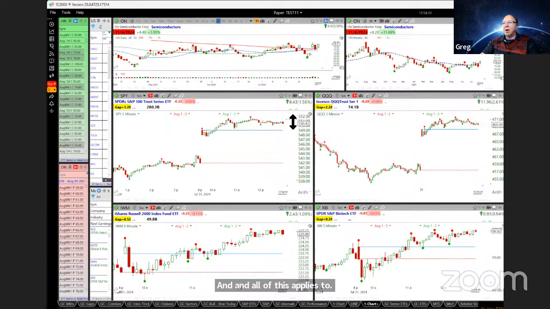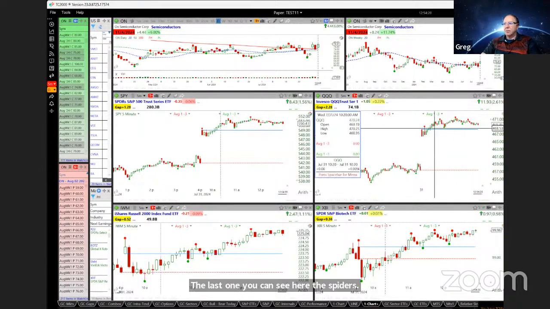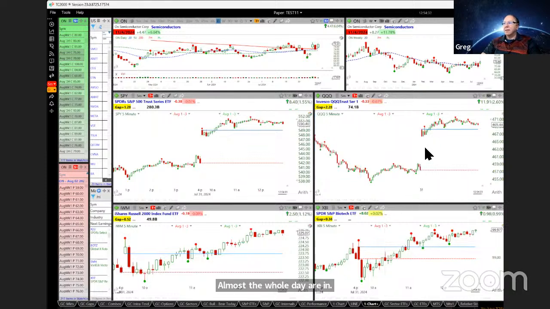The markets today, you can see here, the spiders and the Qs almost the whole day are in coma-like trading as they're waiting for the Fed announcement. And the gap did not get filled. That's bullish. It built an area of support.